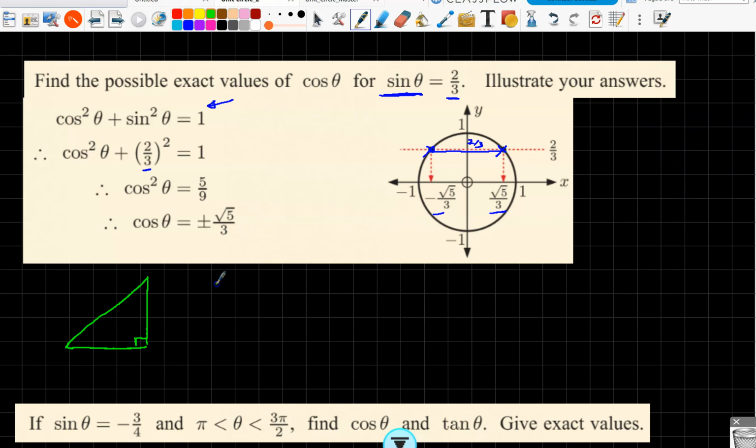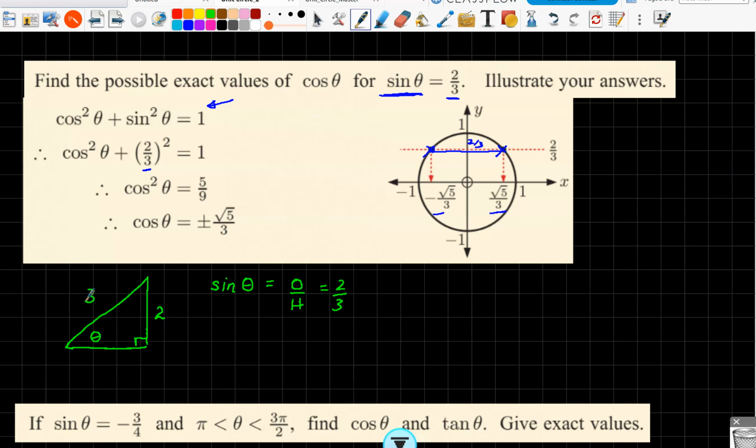Now, think back to your olden days. Remember, we know that sine theta is opposite over hypotenuse. So when we're saying that sine theta is 2/3, this is my angle, my opposite is 2, and my hypotenuse is 3.